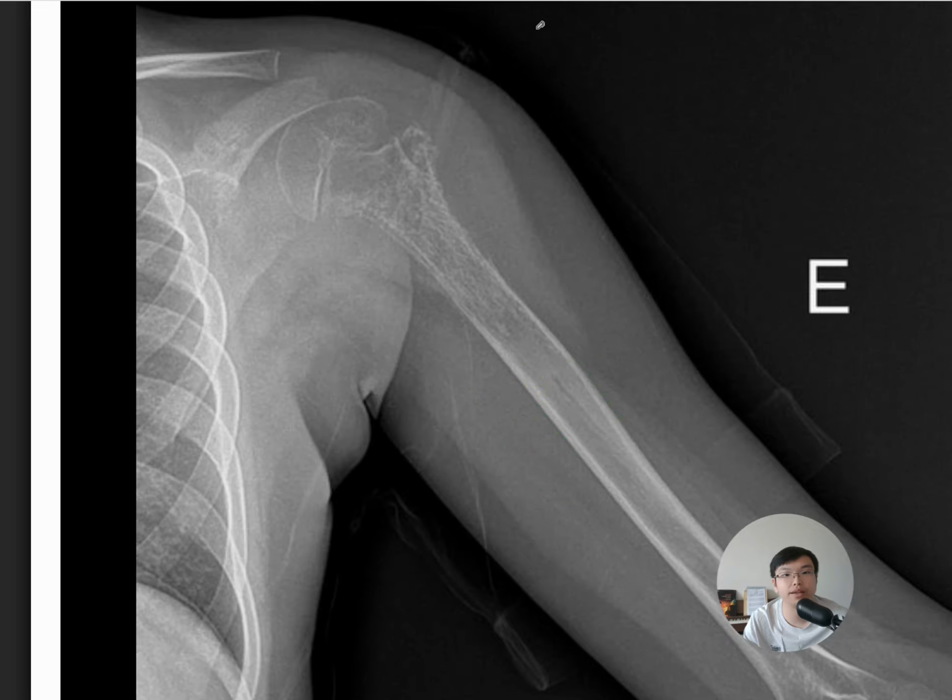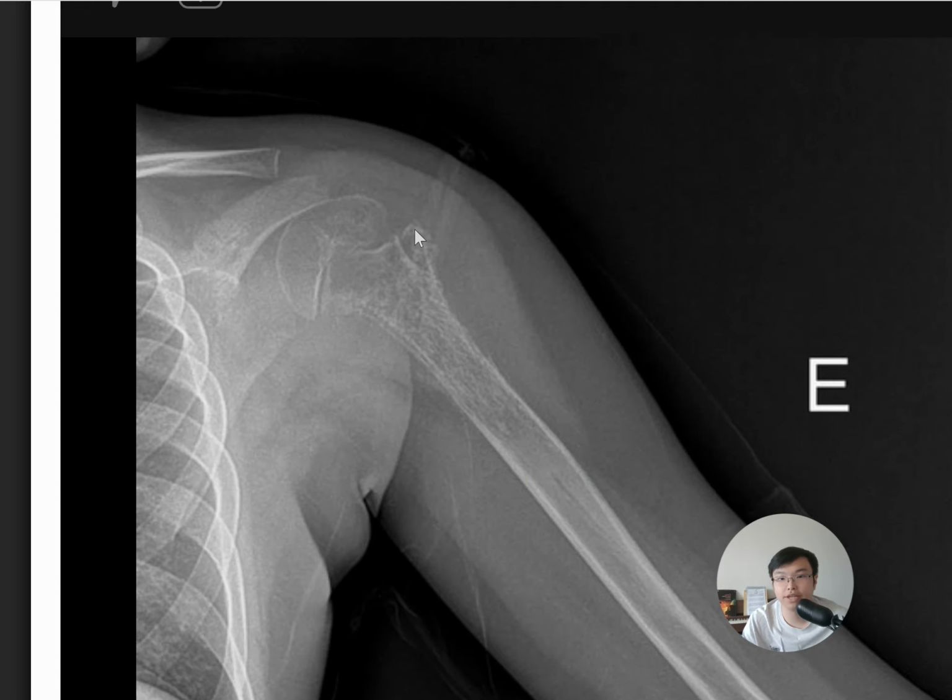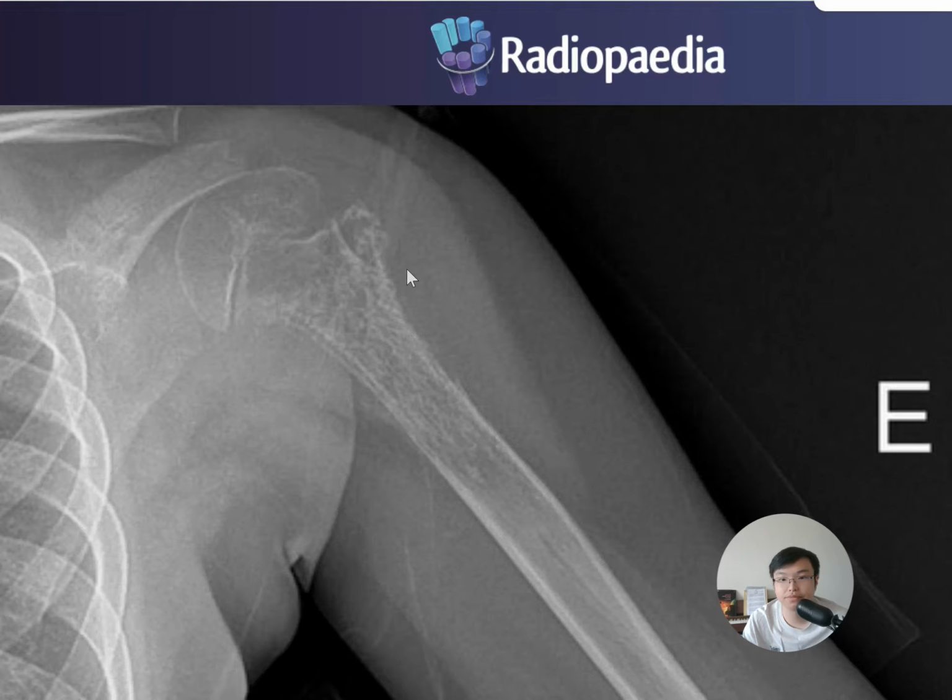So let's continue. We try to zoom in further like this, and you can appreciate that the cortex will gradually taper down from the diaphyseal region towards the metaphyseal region.